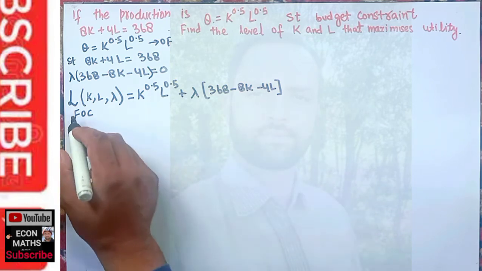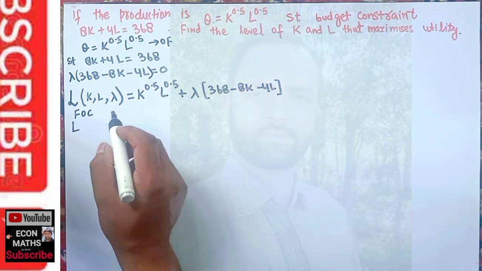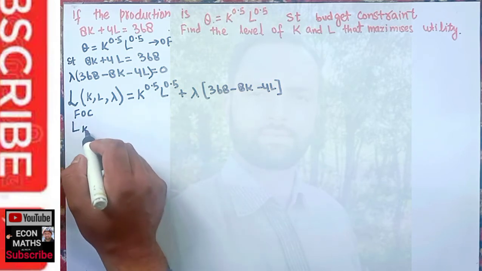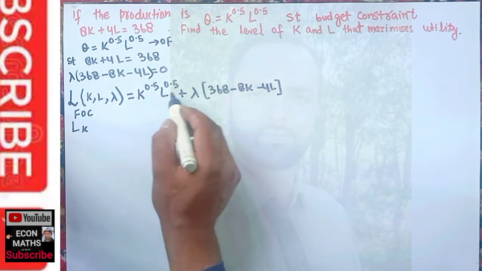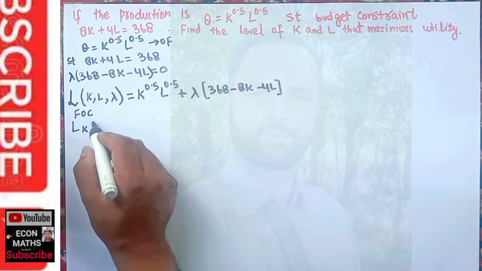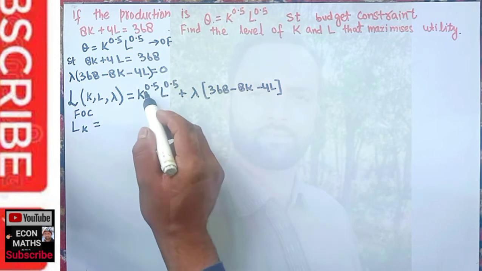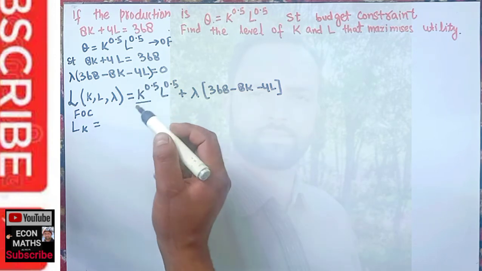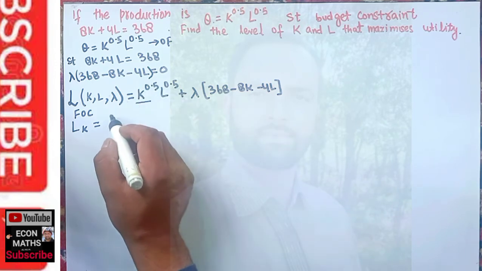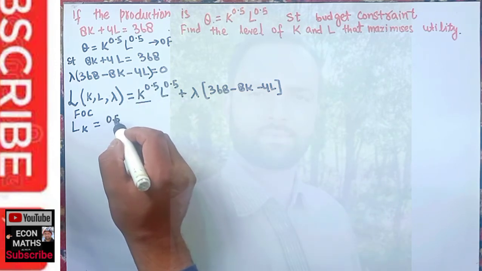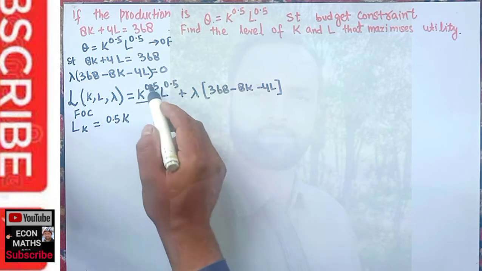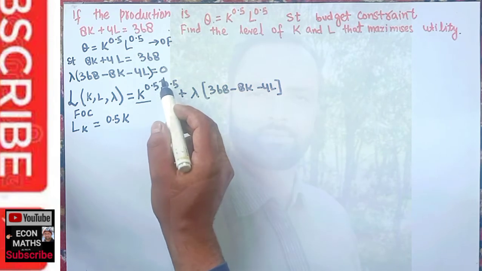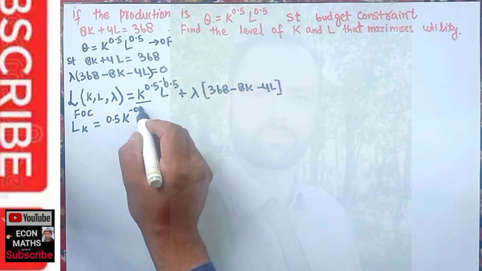Okay, so first we will partially differentiate with respect to, let us say, capital. L subscript k means partially differentiating this Lagrange's function with respect to capital. We have to differentiate this capital k here. By the power function rule, this 0.5 will become the coefficient, so I will write 0.5 k, and the exponent is subtracted by 1. So 0.5 minus 1 will be minus 0.5.